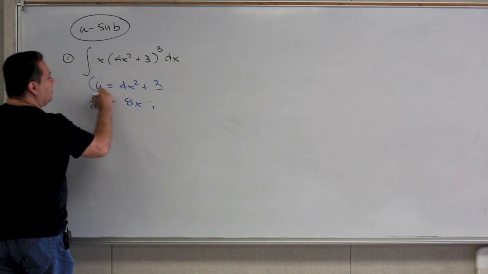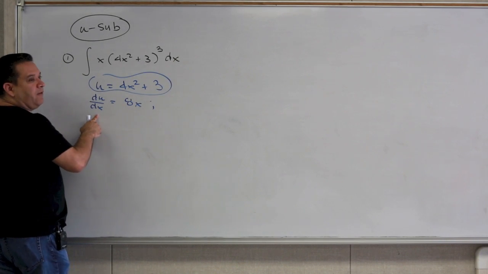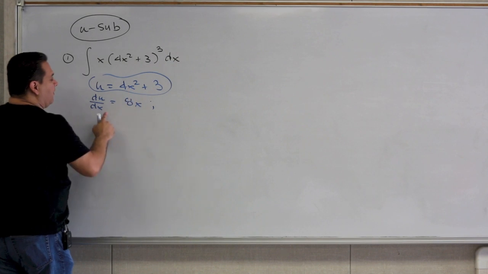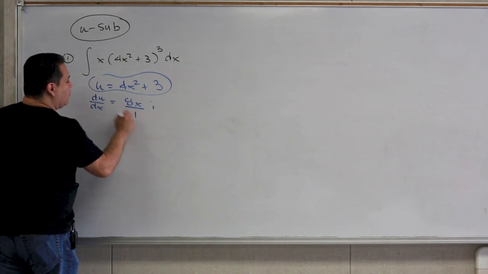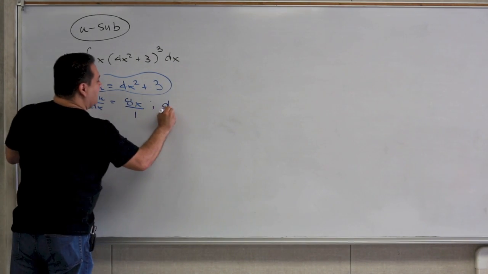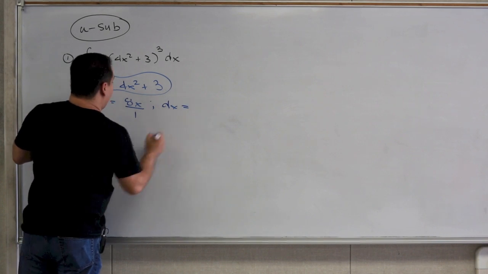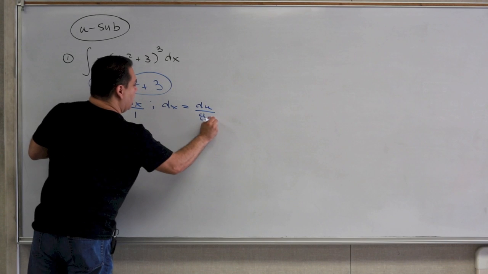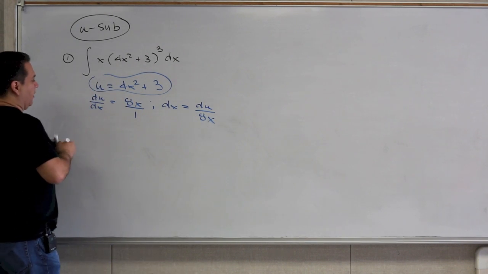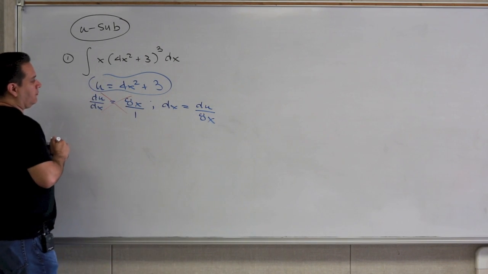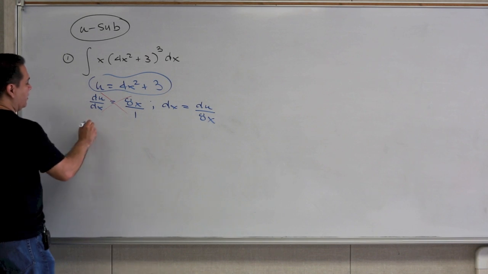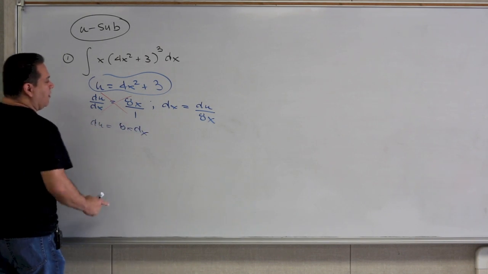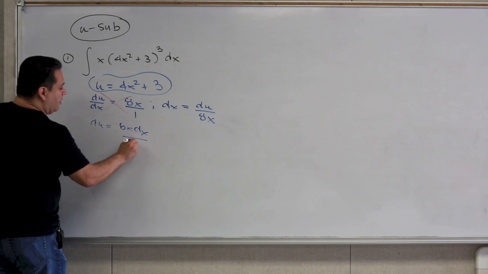And this is going to be 8x. Now remember, don't solve for du. Solve for dx, because there's a dx here. If I solve for dx, by cross multiplication, dx will be du over 8x. If you do your algebra, you can say du is 8x dx, and then divide both sides by the 8x.